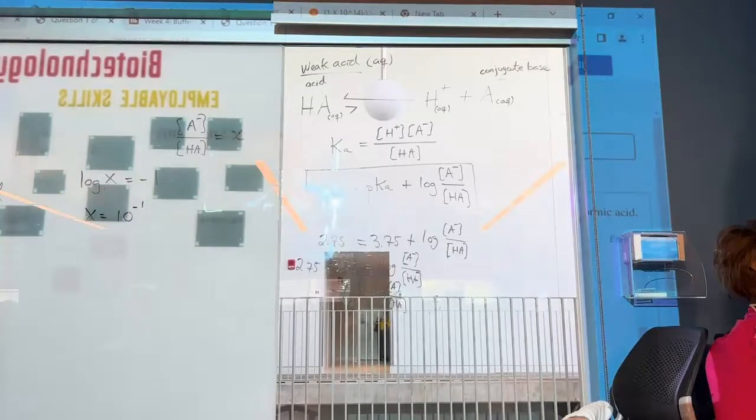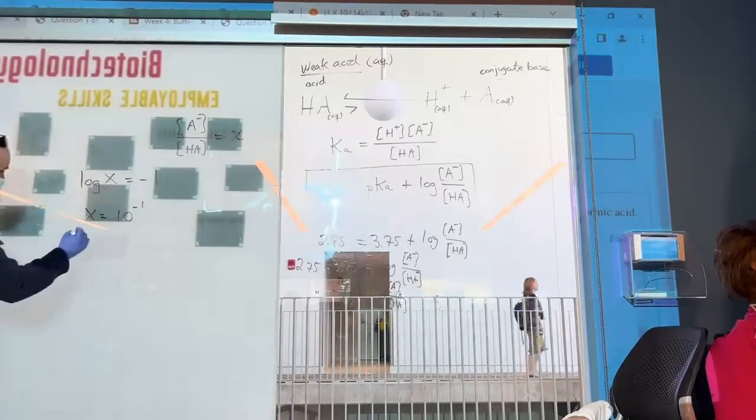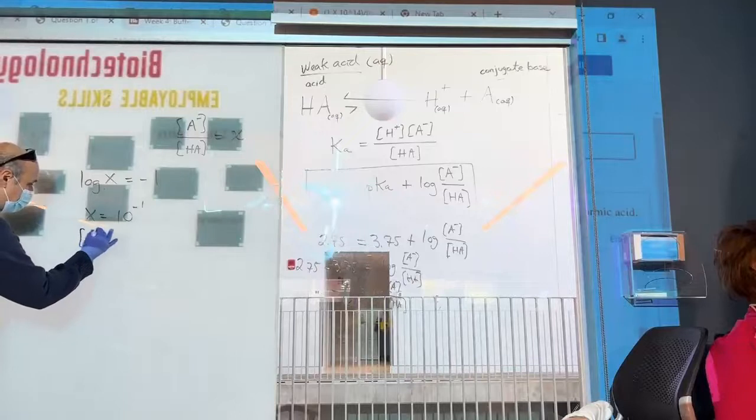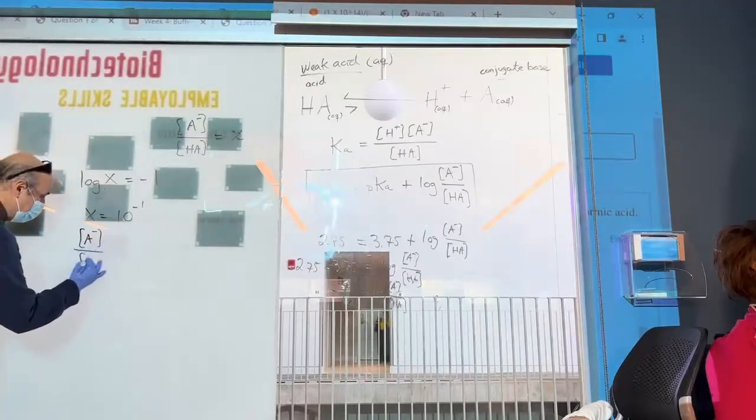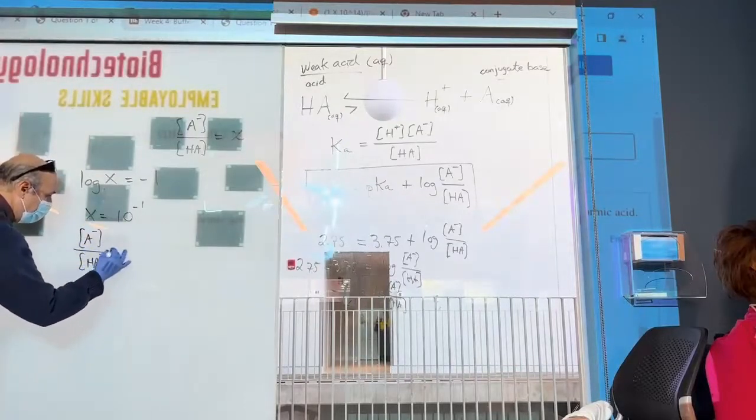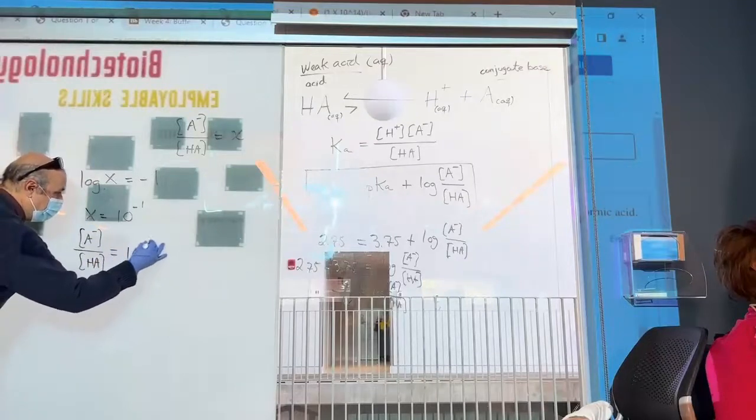So the antilog is 10 raised to the value of the log. So the answer to the problem then is the concentration of A minus divided by the concentration of HA is 10 to the -1.